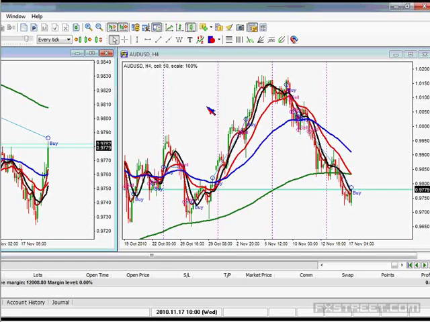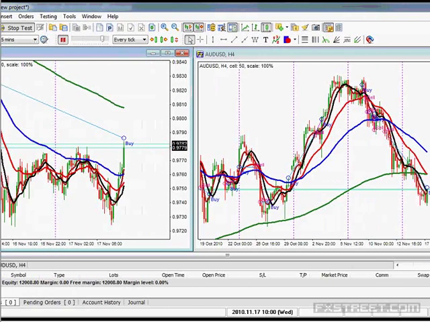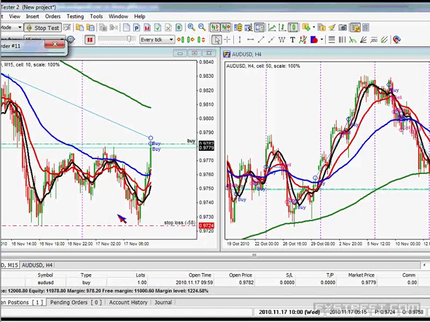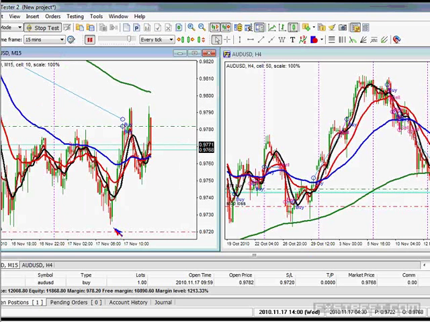Okay, and suddenly we're out. Now, the other reason why I put that there is I believe that that's a swing break long, so I can now probably just go ahead and long it and put a 50 pip stop down here and see what happens.